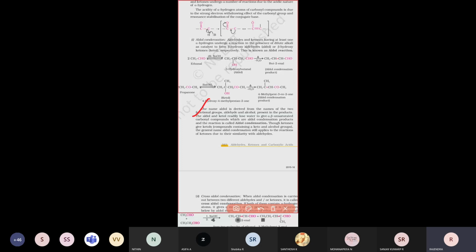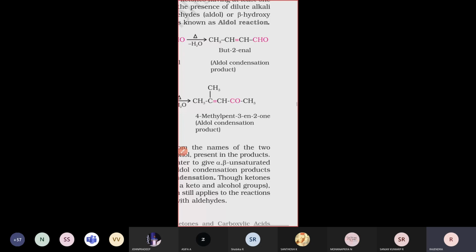So aldehydes as well as ketones easily lose water molecules to form alpha beta unsaturated compounds. What does alpha beta unsaturated mean?